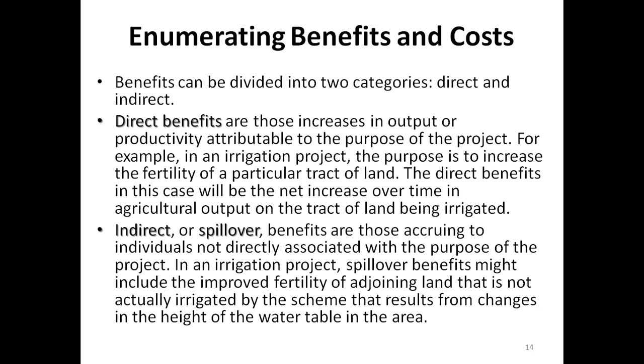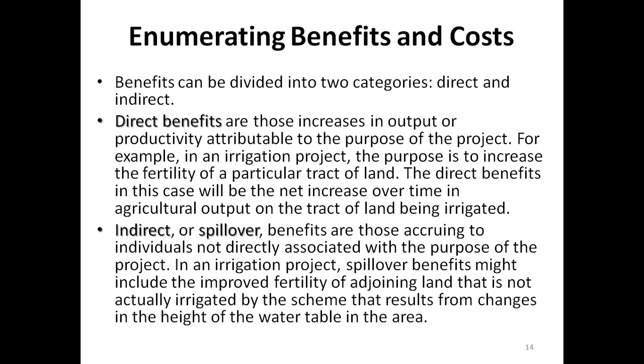Let's go for the first step, enumerating benefits and costs. Benefits can be divided into two categories, direct and indirect. Direct benefits are those increases in output or productivity attributable to the purpose of the project.